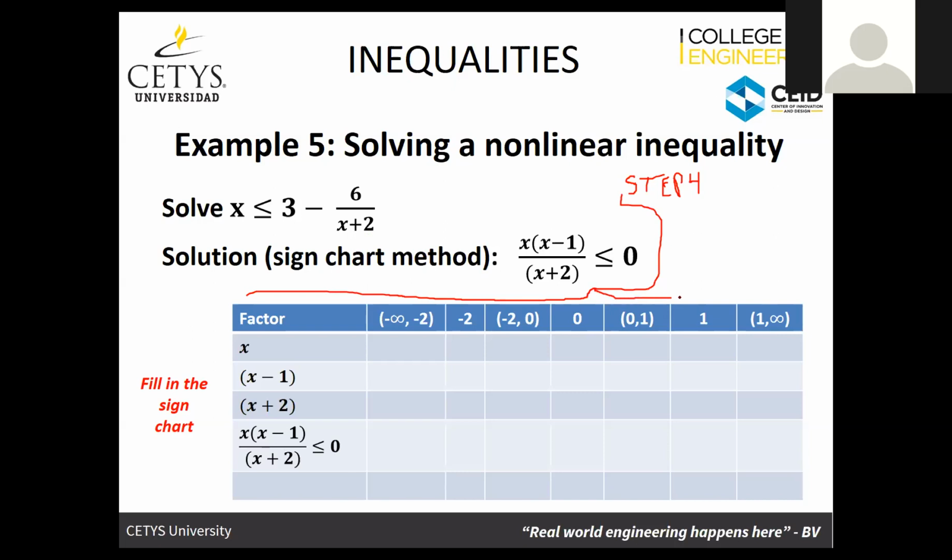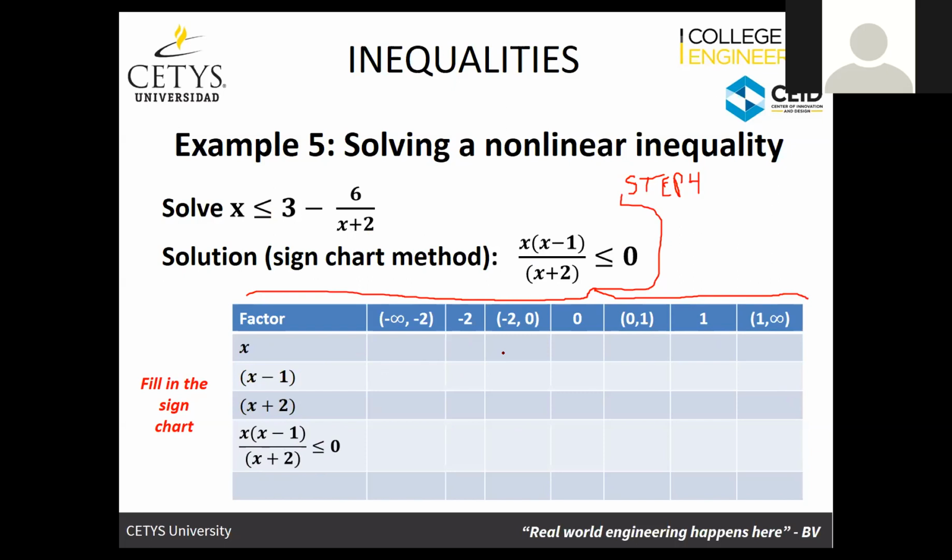Okay, I'm sorry. The factors are going to be in each of the rows. Cough, not COVID. And we're going to put the 3 factors that we have, and then we're going to put the whole expression here. That's basically how we build a table. And in the columns, we're going to put each of the intervals and each of the values that we have, also the roots. Okay, so that's how we set up the table.